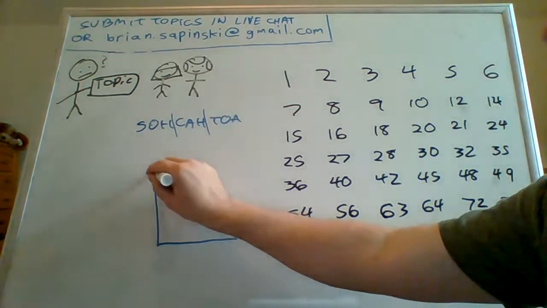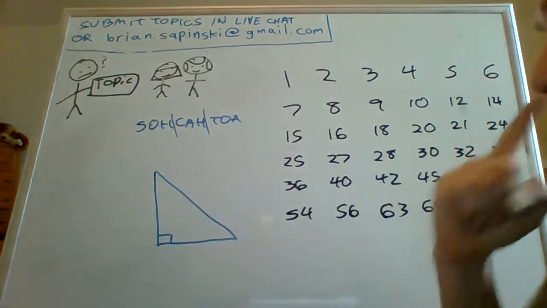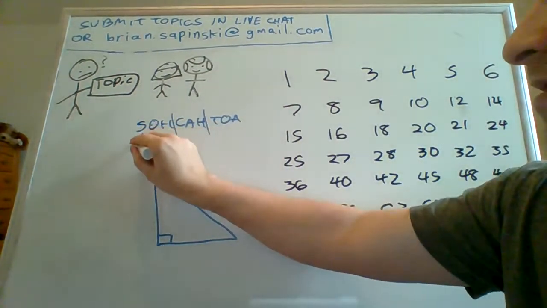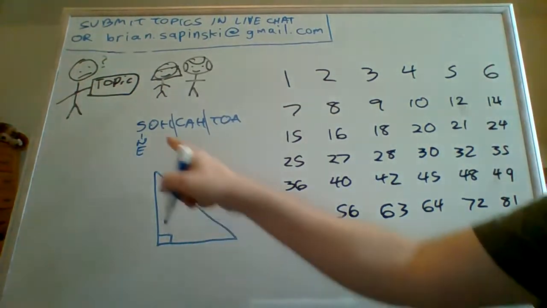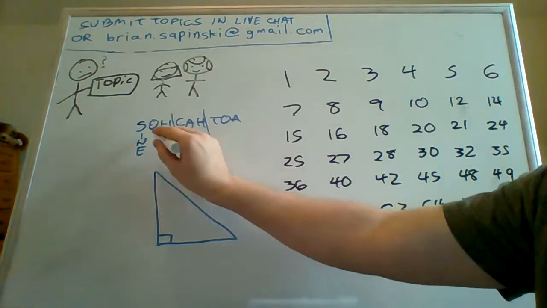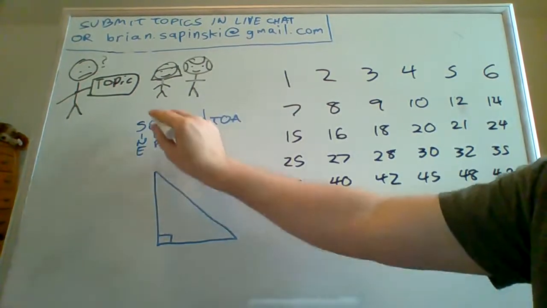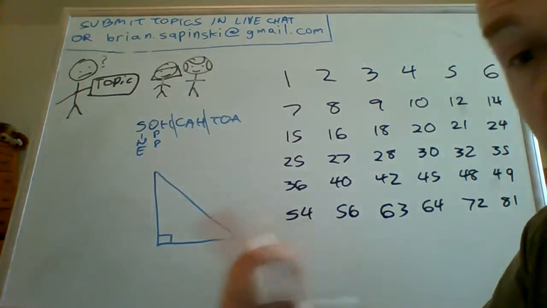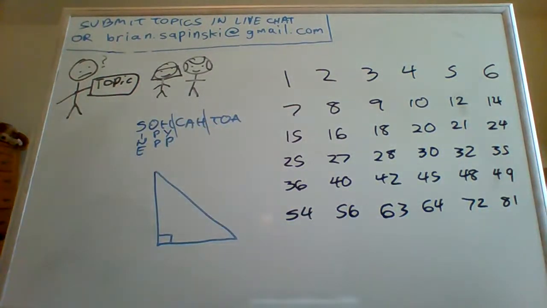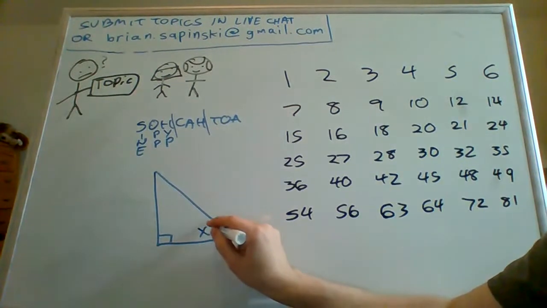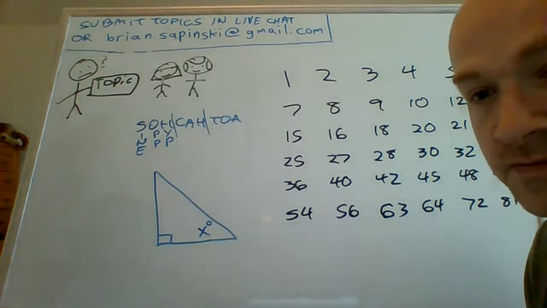So sine, S-I-N-E, represents that you need to have the opposite side identified by some number or variable and the hypotenuse identified by some number or variable.